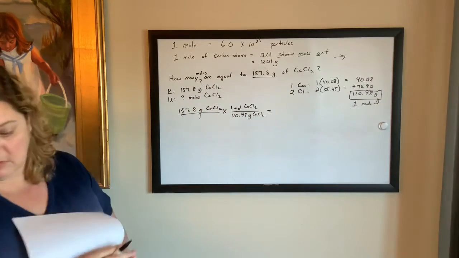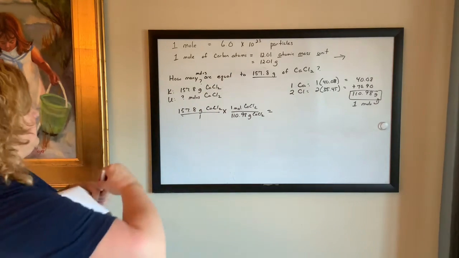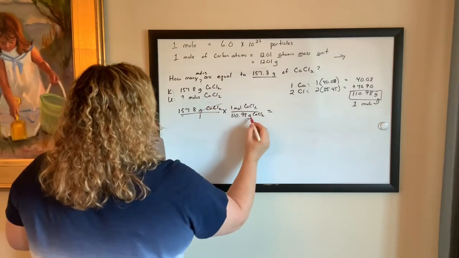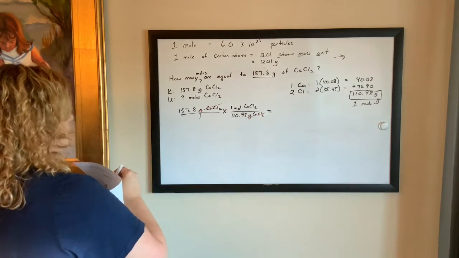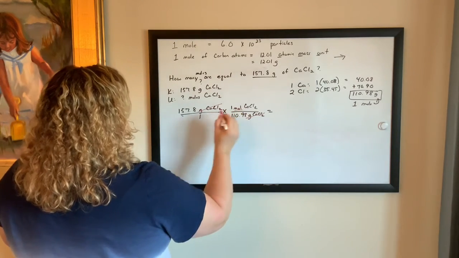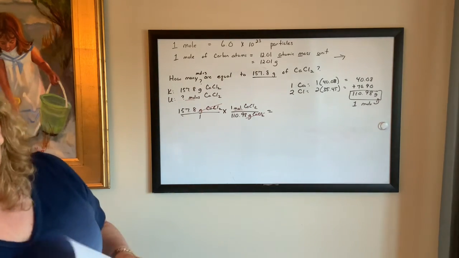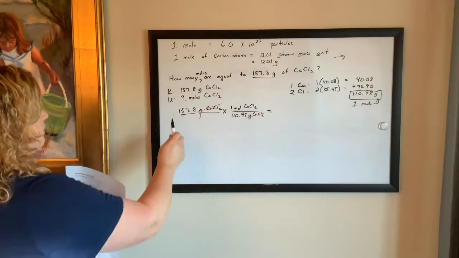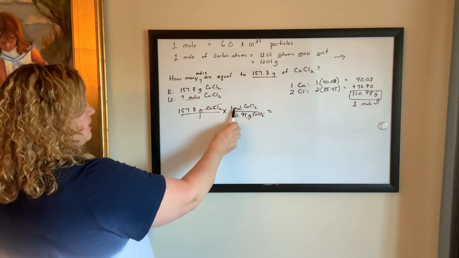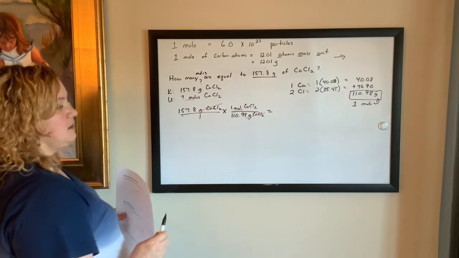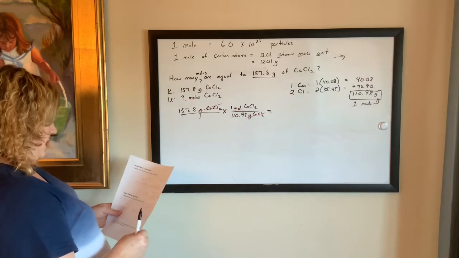So let's see if we can get everything canceled out. Grams of calcium chloride cancel with grams of calcium chloride. I have moles left. That's what I'm looking for. I'm in the right place. So let's get out our calculators and say 157.8 times 1, enter, divided by 110.98.